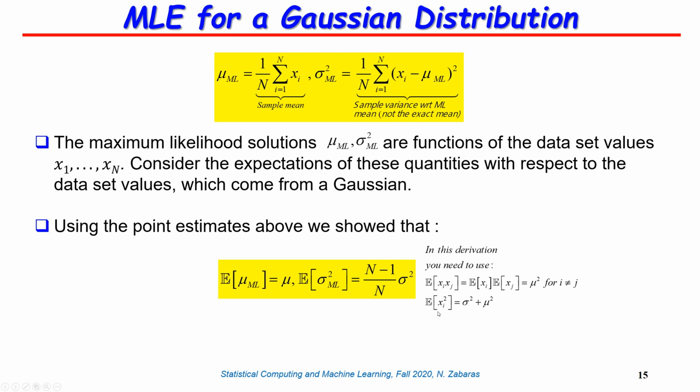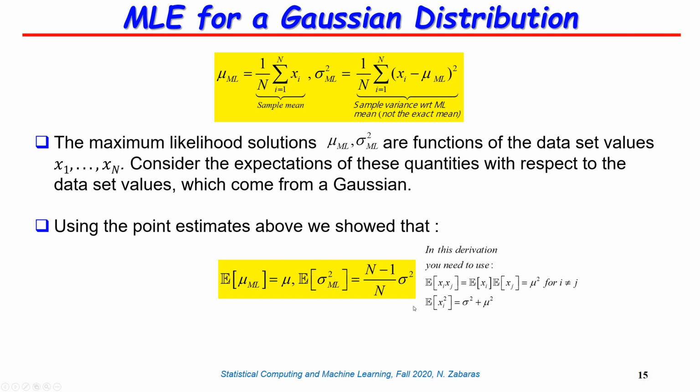And when i and j are the same, then the second moment, the expectation of xi squared, is the variance plus the mean squared, where here we simply use the definition of the variance being the expectation of x squared minus the expectation of x, the whole thing squared. Okay? So this is the only thing that you will need to do the derivation.